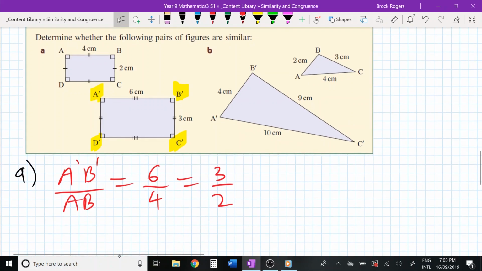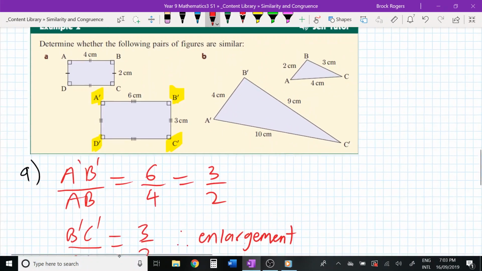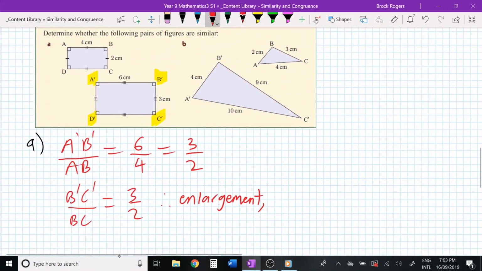In that case, larger than 1, that is going to be an enlargement. And similarly for the B and C lengths, 3 over 2, we get 3 over 2 again, therefore that's an enlargement. And therefore we have similar shapes.